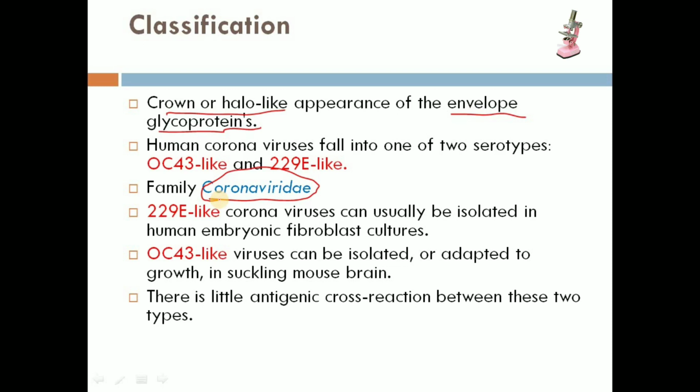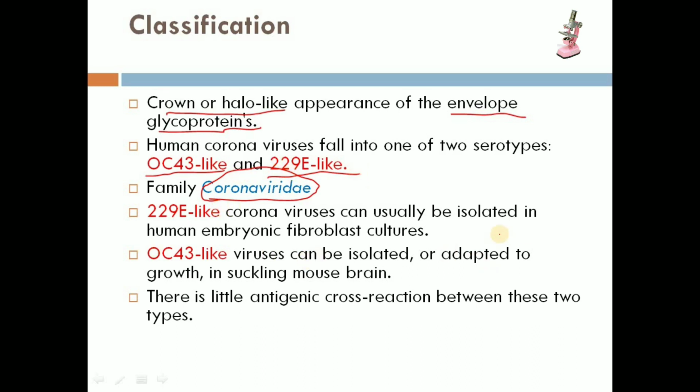The family to which coronavirus belongs is Coronaviridae, and these are the two important serotypes of human coronavirus: OC43-like virus and 229E-like serotypes. These two serotypes are very important, and based on them we can diagnose a particular coronavirus infection.